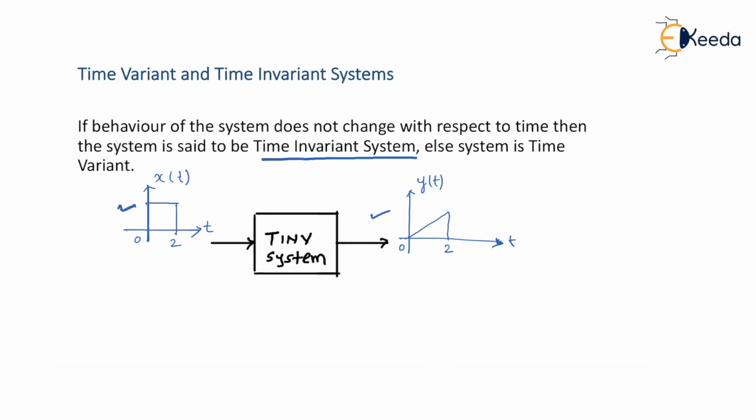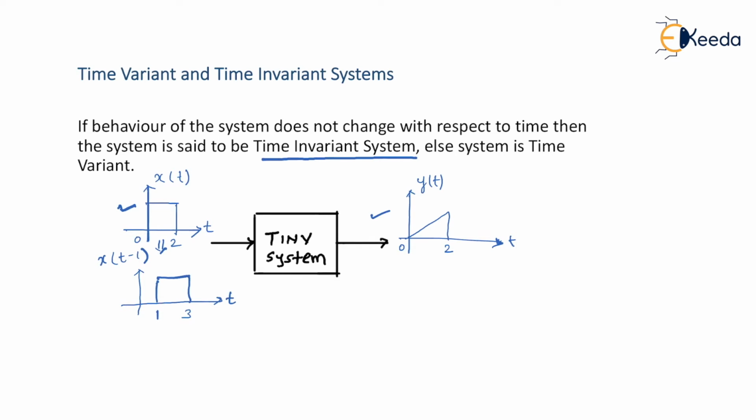For example, if same x of t is delayed by some amount, let's say by 1, then it becomes x of t minus 1. Is that right? Therefore, what will happen? The above gate pulse gets delayed by 1 second. Then a new gate pulse I can draw like this, ranging from t equal to 1 to t equal to 3.